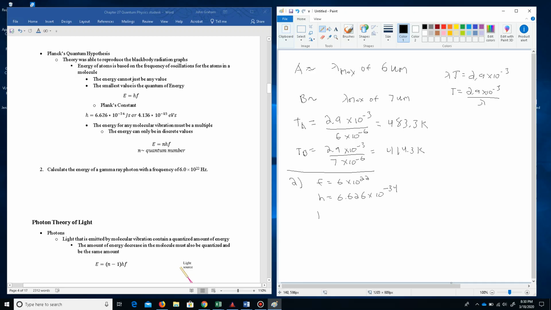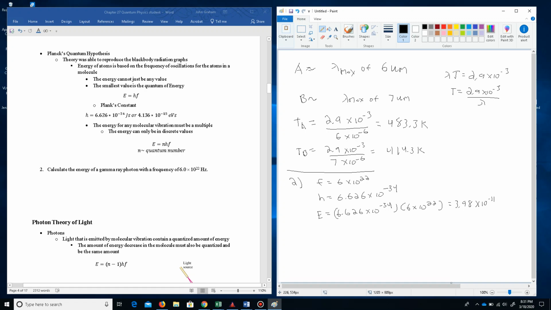And so this basic energy is going to be equal to h times the frequency, which is equal to 3.98 times 10 to the negative 11. And so this is the basic energy emitted for a gamma ray photon with this frequency.